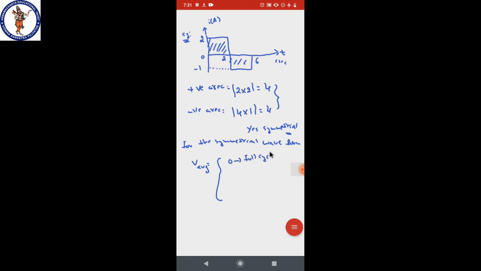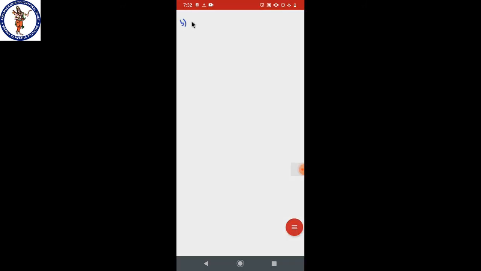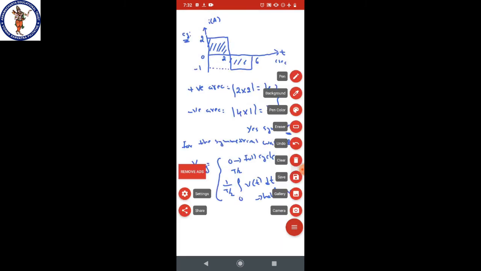For a symmetrical waveform, it is 0 for the full cycle, or for the half cycle it will be 1 by T by 2, integral over the time period from 0 to T by 2, of the function v of t into dt. This is the half cycle for symmetrical waveforms only. Okay, for symmetrical circuits only.